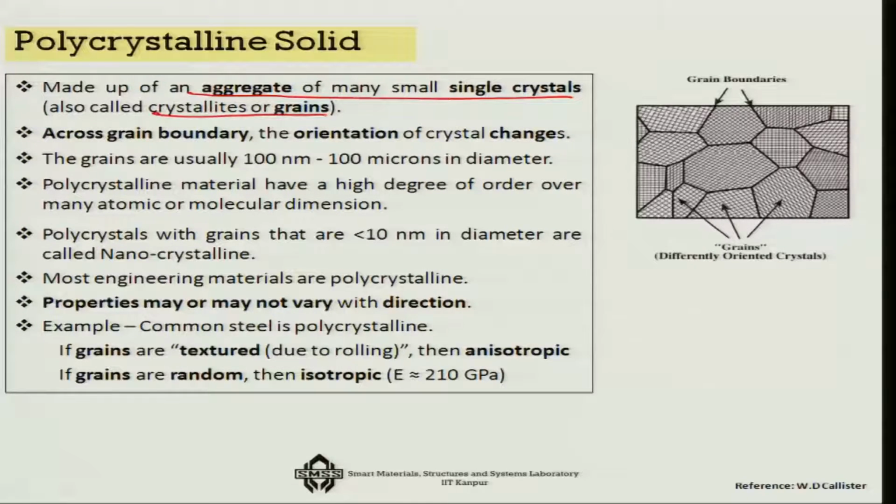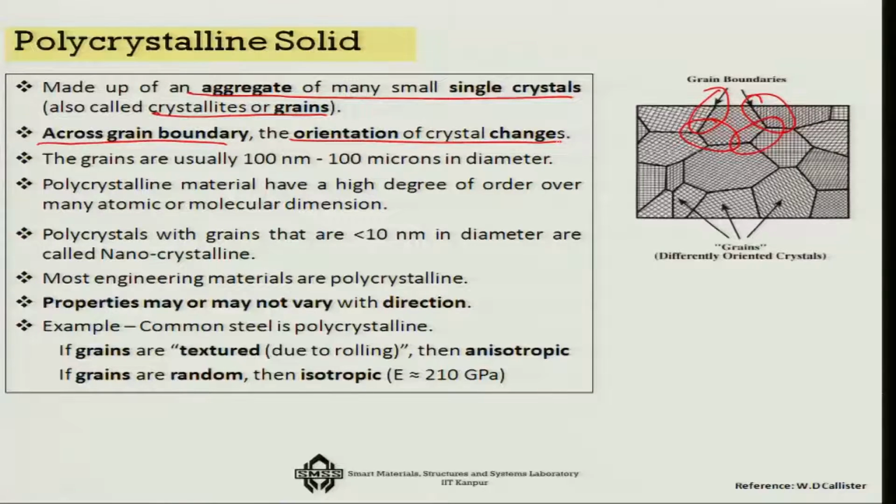If there are grains, then there will be grain boundaries, which will be responsible for the deformation behavior, the stiffness and many other properties like the electrical properties, the resistance, etc. Everything depends on the grain structure and the grain boundary. It is at the grain boundary that the orientation of the crystal changes, because you will have another crystal formation.